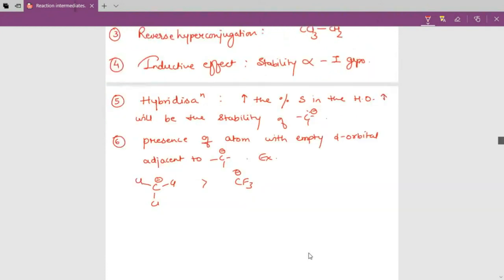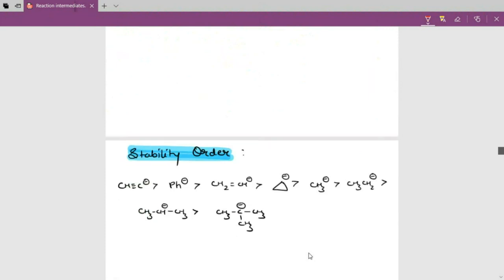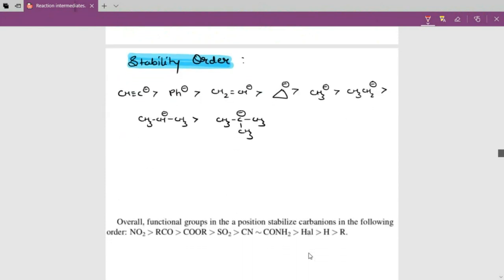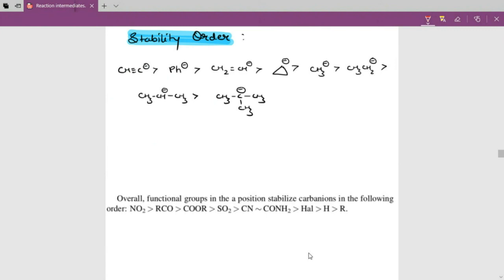Okay, considering all these factors, the overall stability of carbanions is found to be as follows. Terminal alkynes are acidic. That fact is used here. Triple bond minus, phenyl minus. Okay, these are stable. Then comes the phenyl, then comes cyclopropyl.